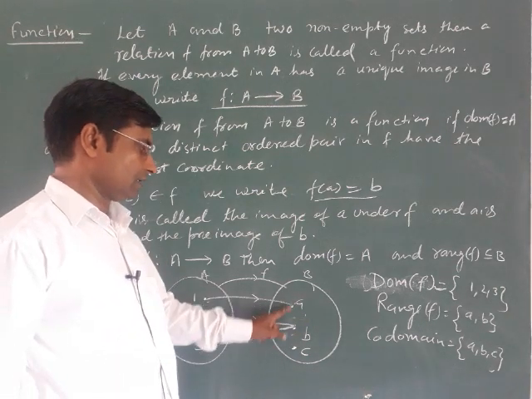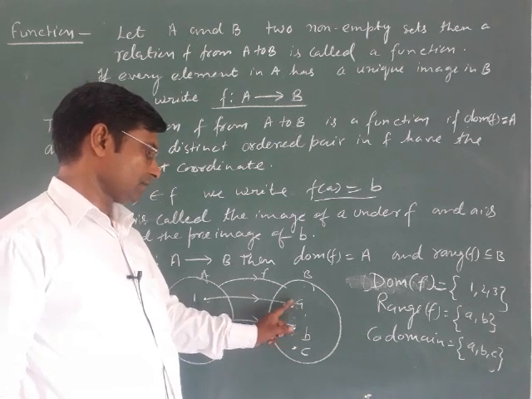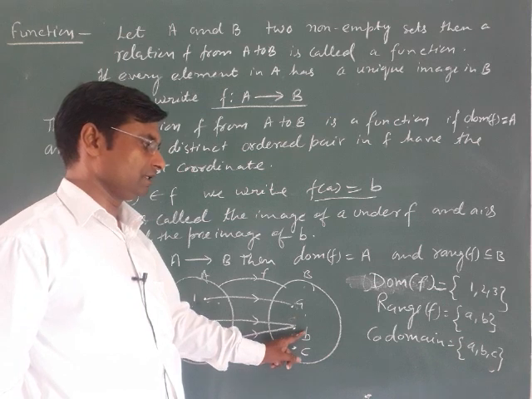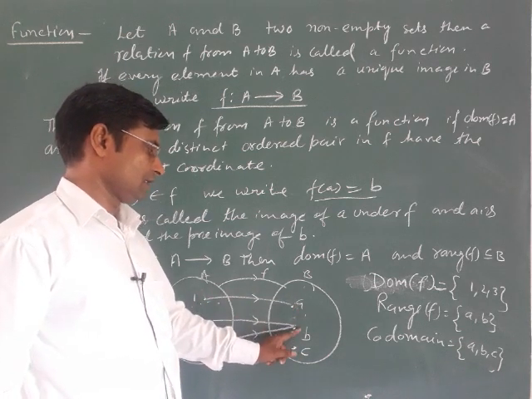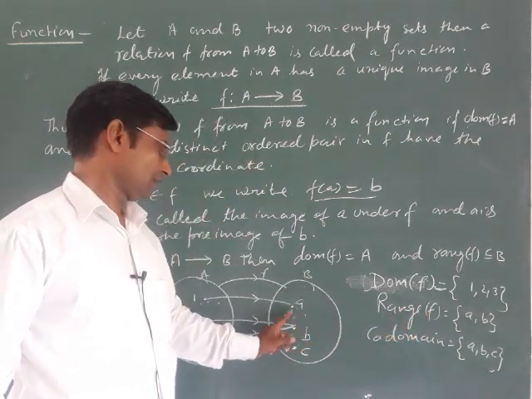So all elements of set B are called codomain, but the images of set A elements are the range. So this is a and b, the image of A under F. So this is the image, this is the range.